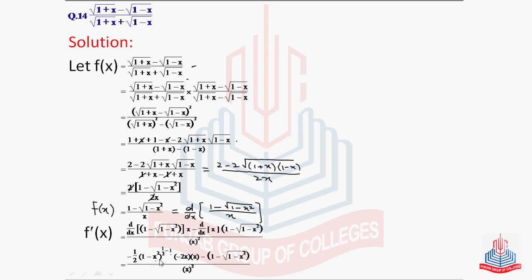So derivative of 1 will be 0 and derivative of x² will be 2x. This minus sign is as it is. This x is not under differentiation, so that will be as it is, minus the derivative of x will be 1, so we have only this expression, which is 1 − √(1−x²).